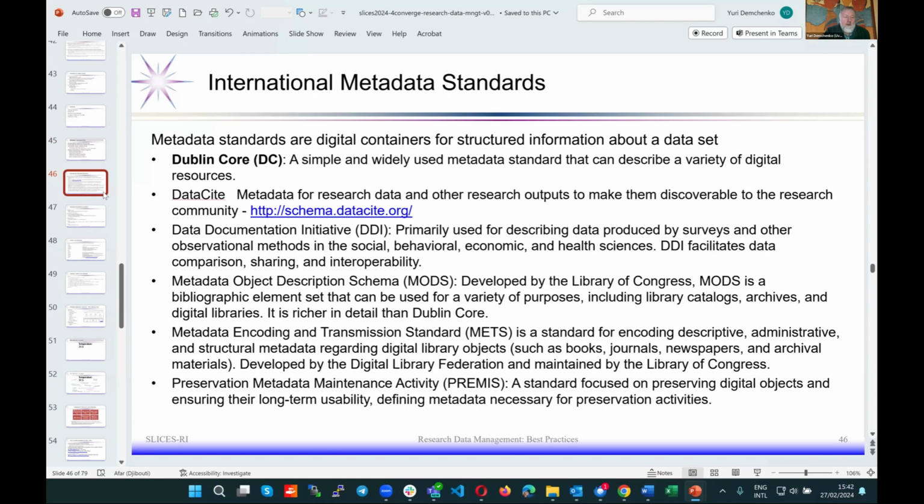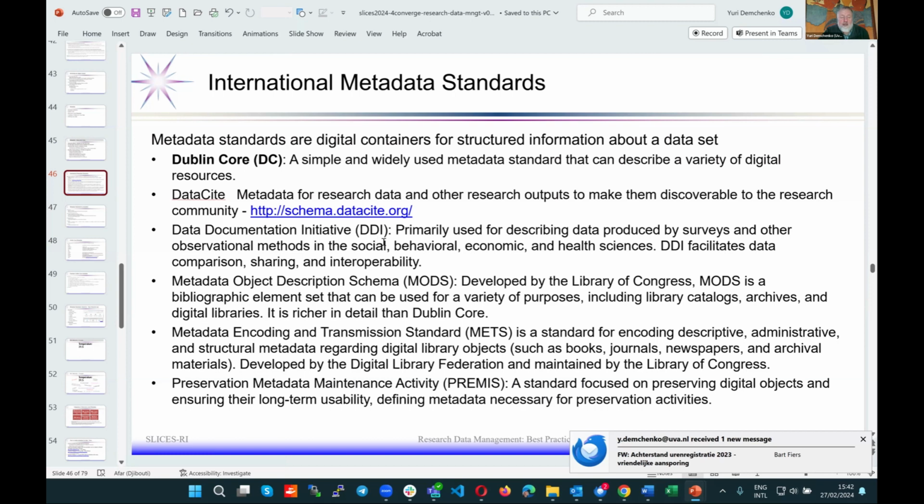There are a number of standards for metadata. One of the oldest, simplest, and most widely used is Dublin Core. But Dublin Core is used mostly for describing published documents, and is also suitable for published data. There is DataCite, also a very popular standard.